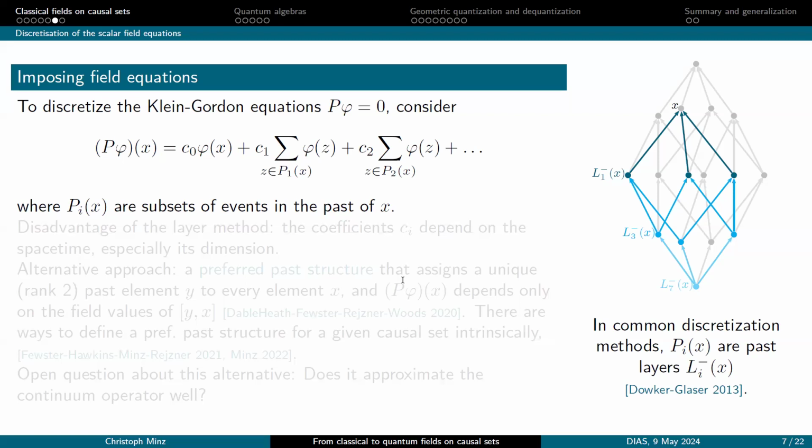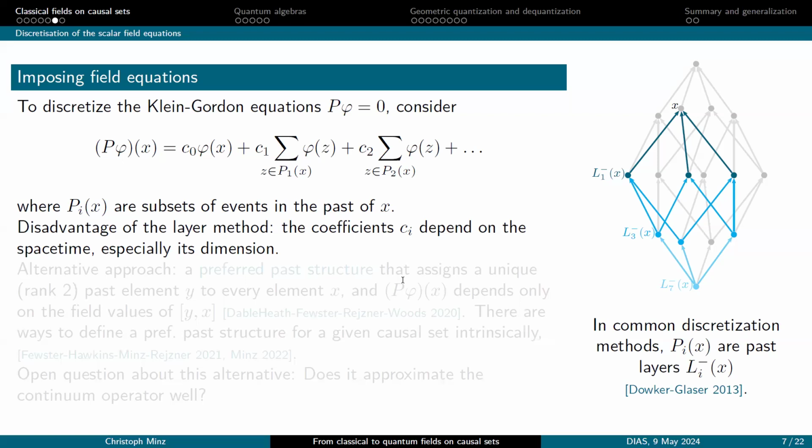You have the first layer, which are all elements that are directly linked to it, and then you have other layers. Here, in this particular example, you only have a third layer and a seventh layer down there. And these points then go into this explicit formula, and then you need to find some coefficients C that I have in there that actually correspond to the spacetime that you want to represent.